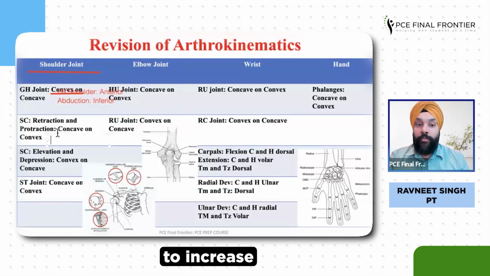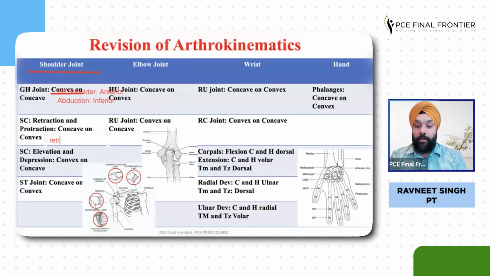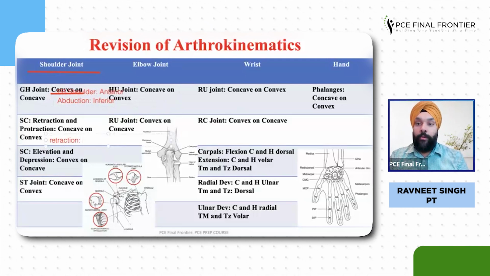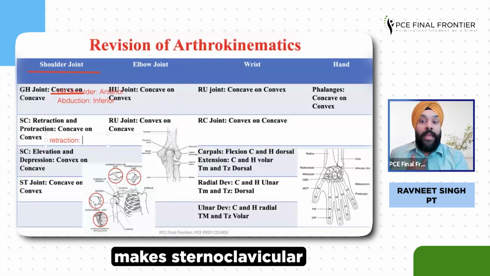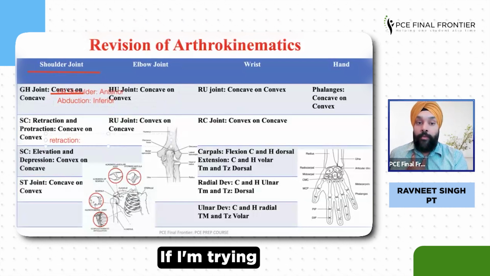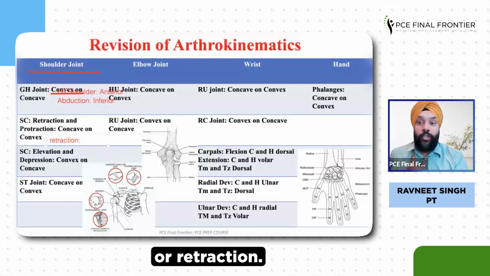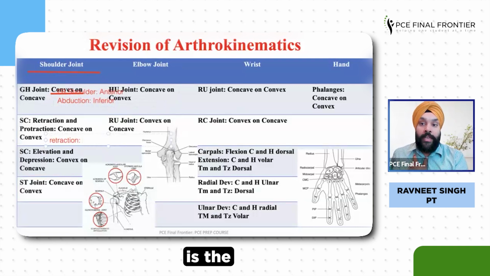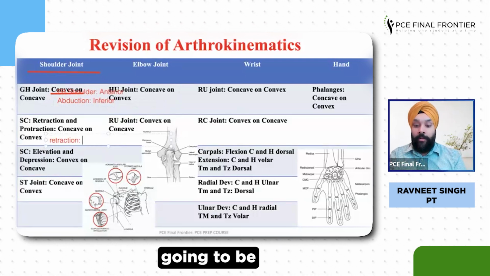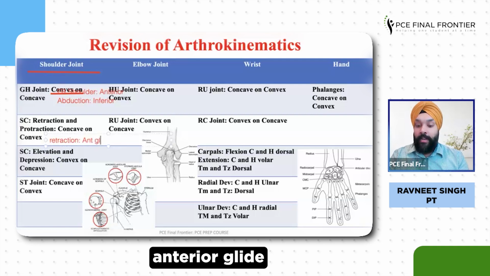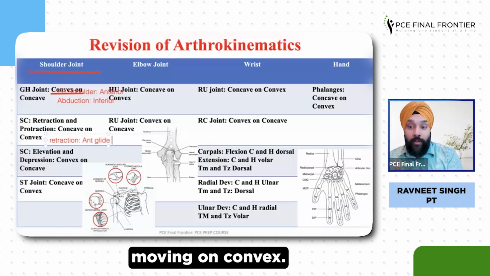If I'm trying to increase retraction, retraction is sternoclavicular joint. The clavicle and the sternum makes sternoclavicular joint. If I'm trying to improve retraction, retraction is the anterior motion of the shoulder. And that's going to be anterior glide because that's concave moving on convex.